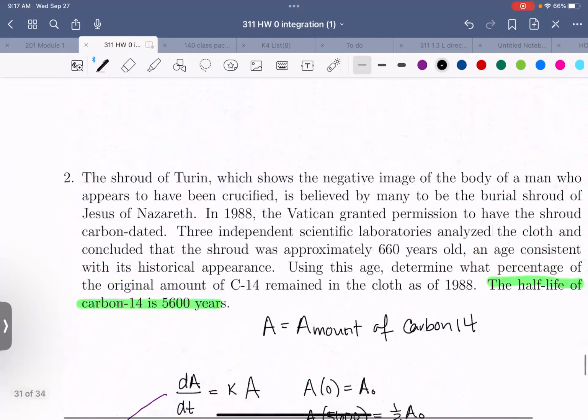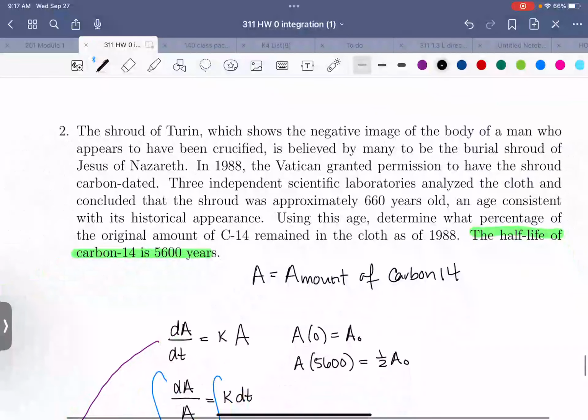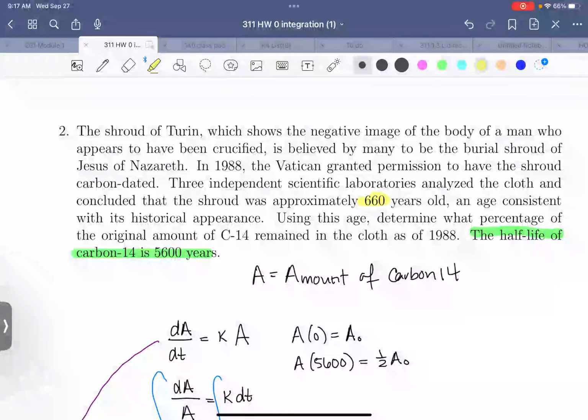So if I'm going back to the top, let's see. They're saying after 660 years, what percentage of the original amount remains in the cloth?